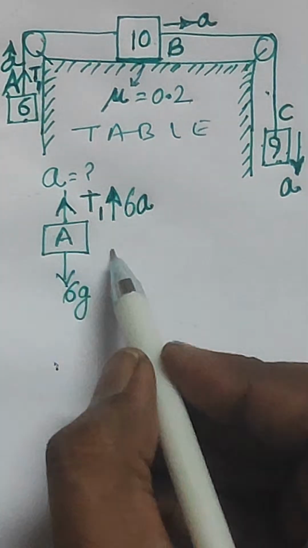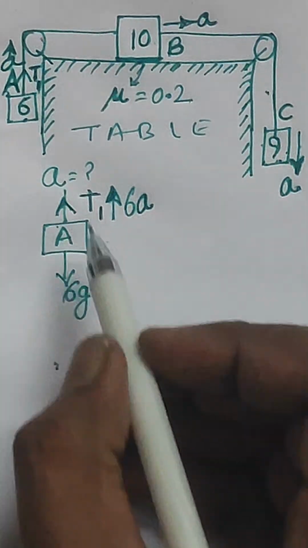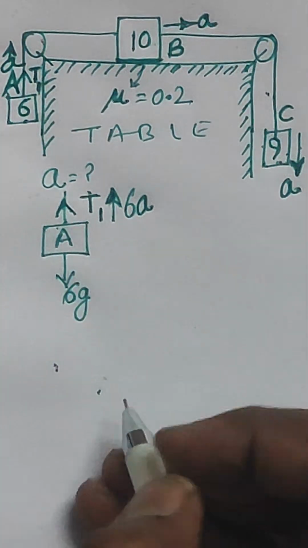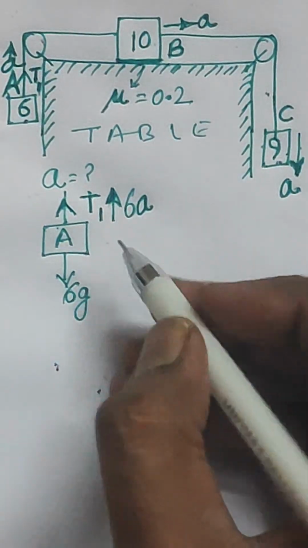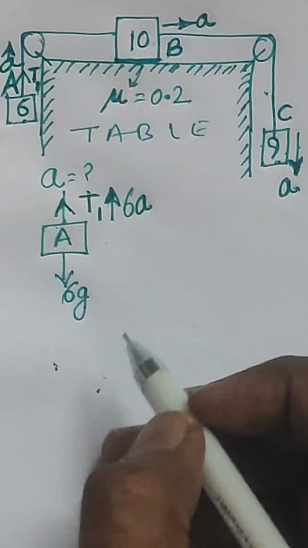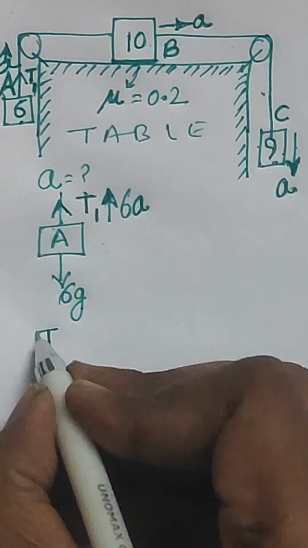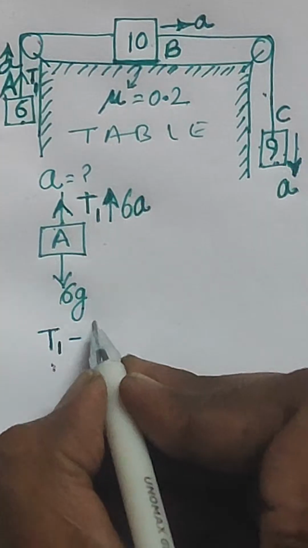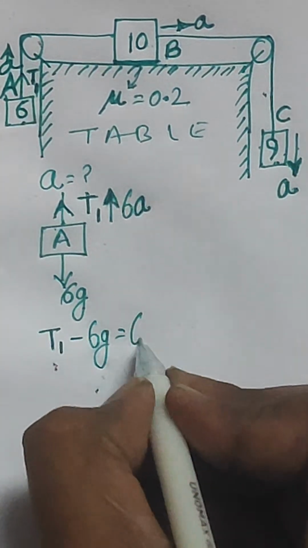The equation from the free body diagram of block A is that T1 is greater than 6g, so T1 minus 6g is equal to 6a.